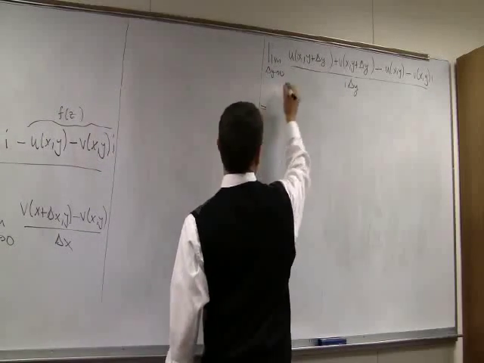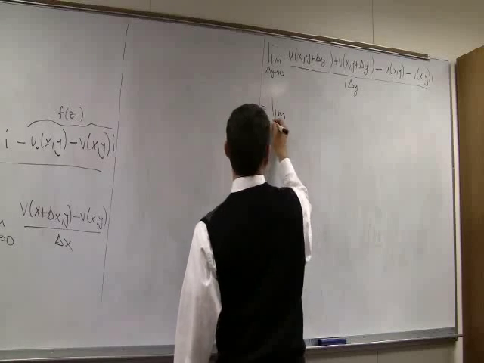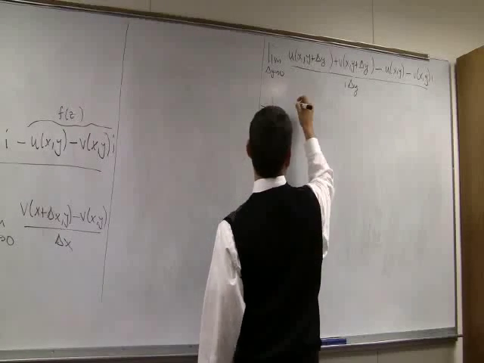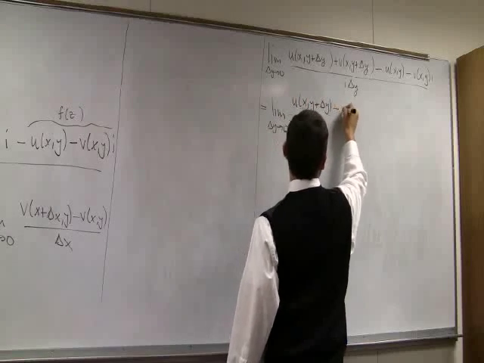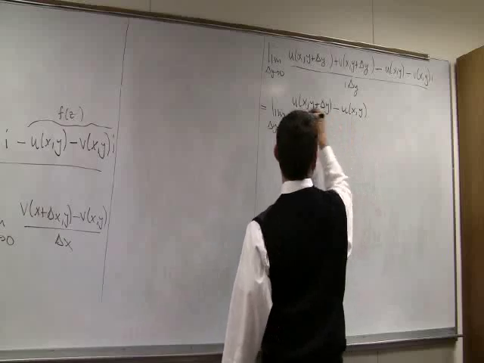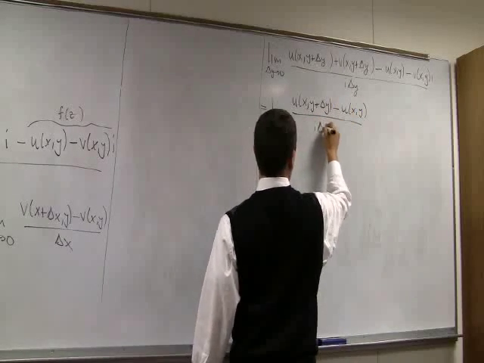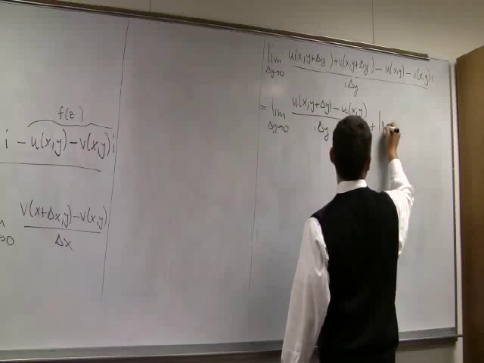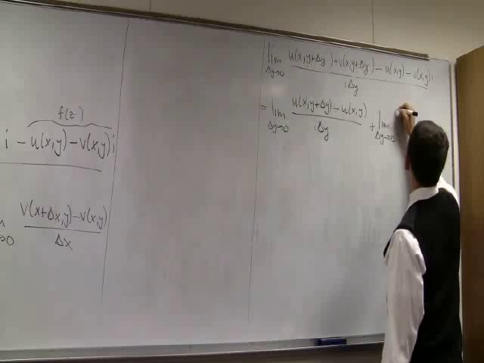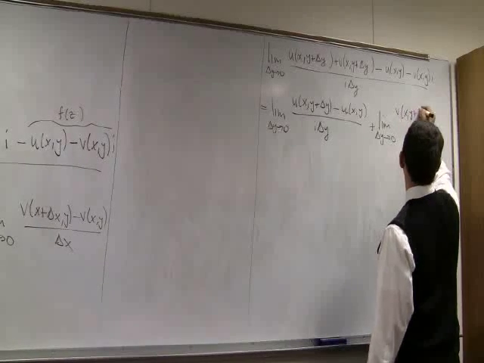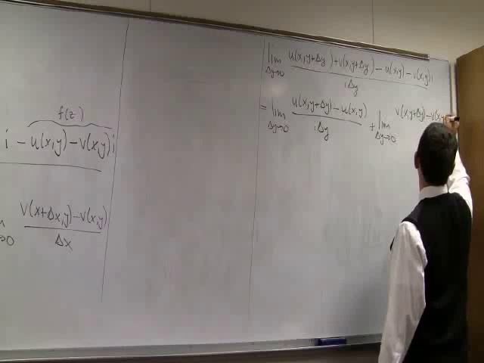Okay? So again, we break this up into real parts and imaginary parts. The first one, you get u of x comma y plus delta y minus u of x comma y over i delta y. And then the limit as delta y goes to 0 of v of x comma y plus delta y minus v of x y.